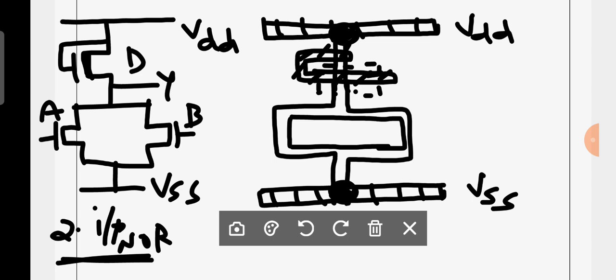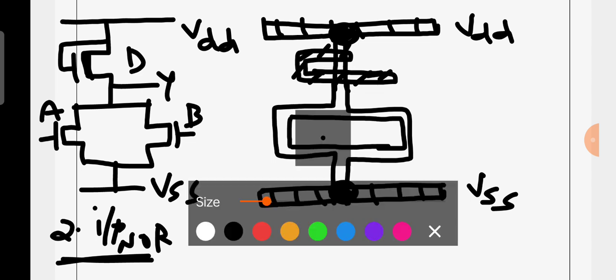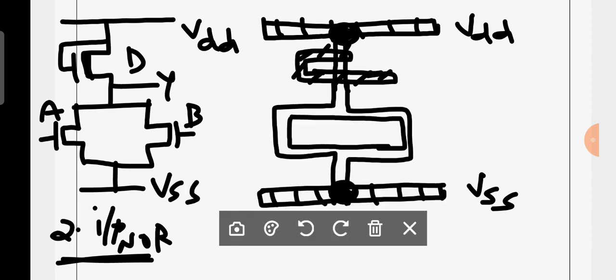Okay, I will draw with some other color, therefore it is very clear to you. I will use a different color to represent implant. Okay, it is an implant.